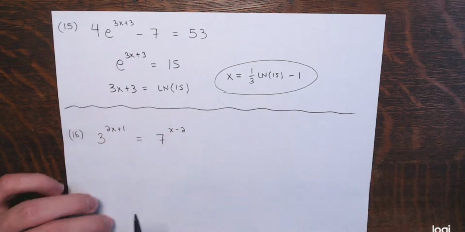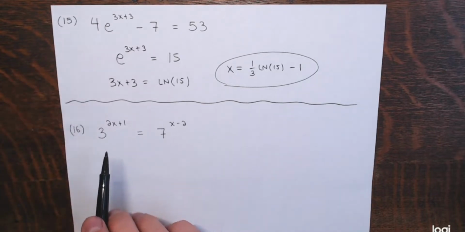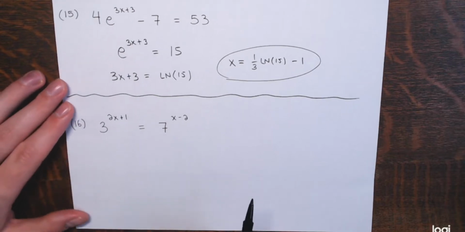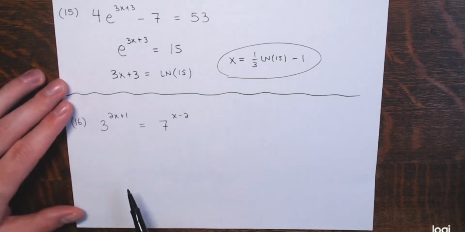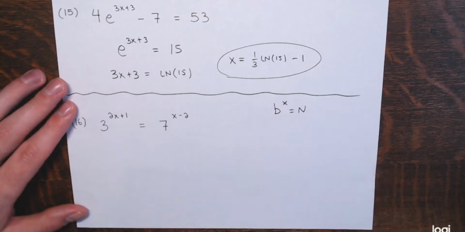Alright, and then my final example is another one. This is exactly like example 13 and some of the first examples from this video. So once again, I'm going to use properties of exponents to get this, base to the x power equals n, and then change to log form.